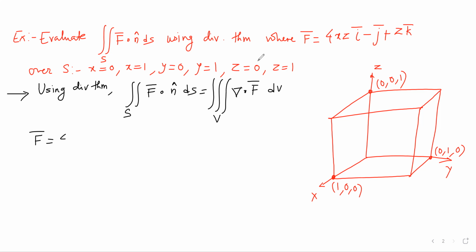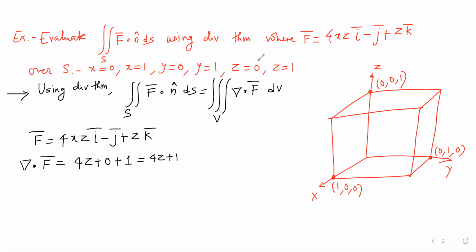Here f bar is given as 4xz i bar minus y j bar plus z k bar, correct. So what is my del dot f bar? Del dot f bar is the partial derivative with respect to x, which is 4z. Then the derivative of the second term is minus 1 and the derivative of the third is 1. So we are getting the function as 4z plus 1.